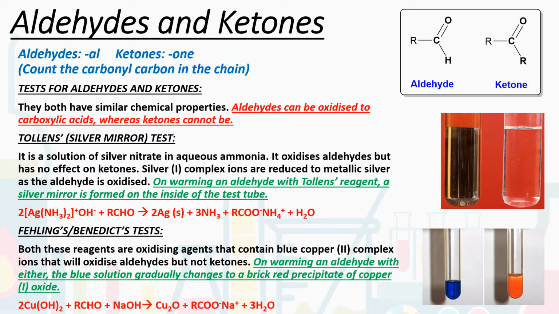The first is the Tollens reagent. It's called the Tollens silver mirror test. And this is a solution of silver nitrate in aqueous ammonia. Essentially what this ends up forming is this silver diamine complex ion, Ag(NH3)2+. Now what this will do, because the aldehydes can be oxidized further, it will oxidize the aldehydes, but it won't affect ketones.